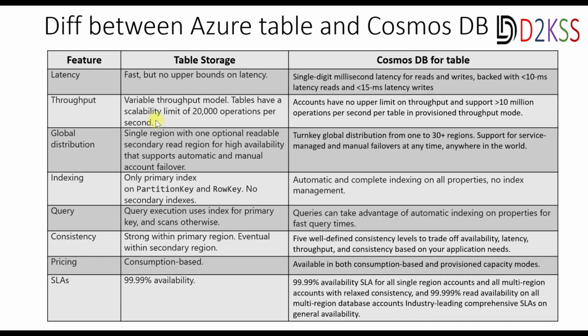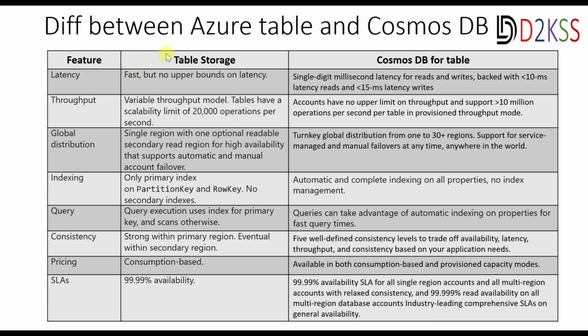Now Cosmos DB also provides similar functionalities. But when do we have to choose Azure Table Storage, and when do we have to choose Cosmos DB? I have listed here a few differences.